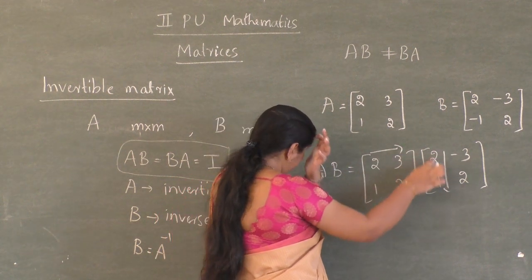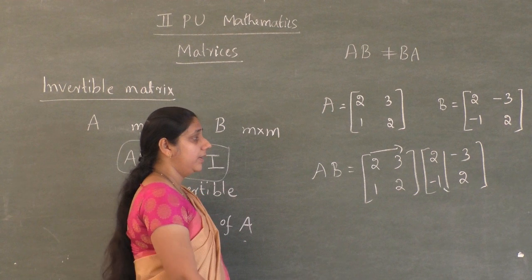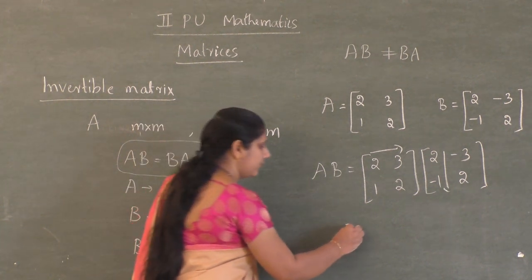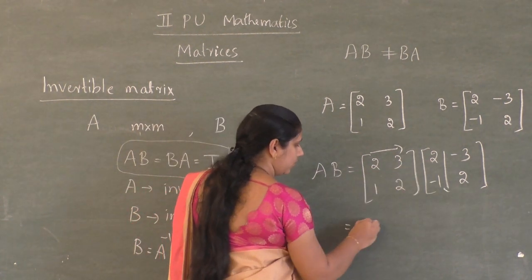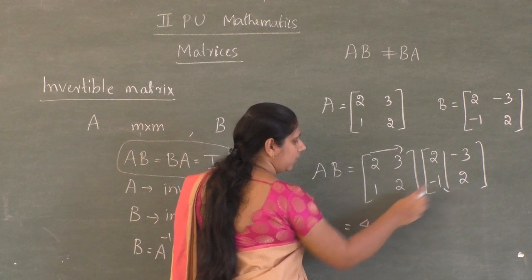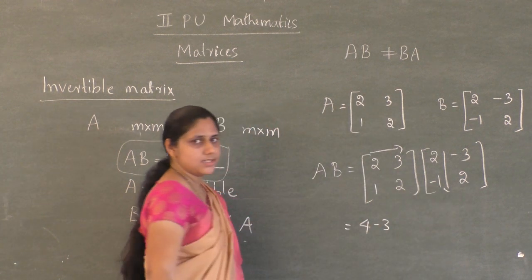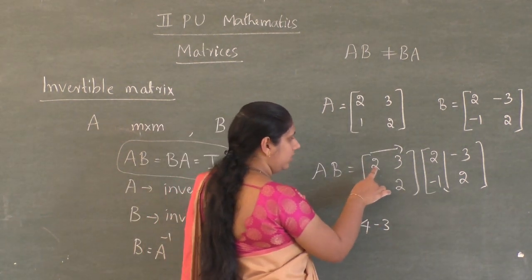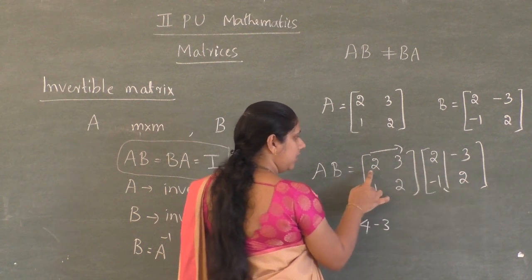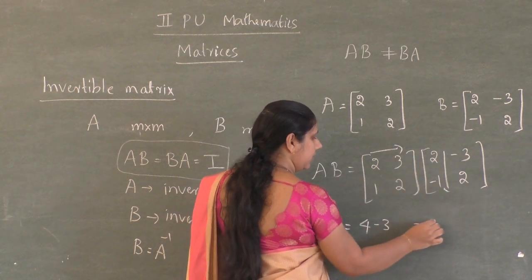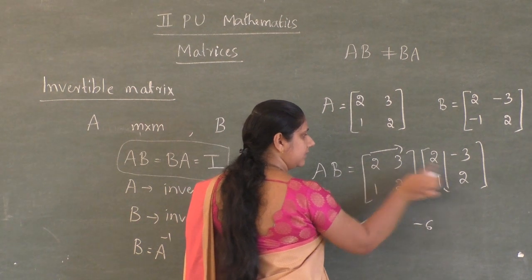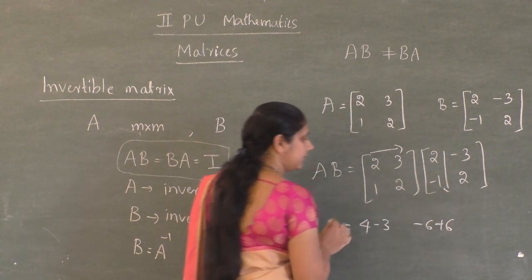So first row, first column, element wise, then you have to take the sum. So 2 into 2, 4, 3 into minus 1, minus 3. Now first row, second column, 2 into minus 3, minus 6, plus 3 into 2, 6.